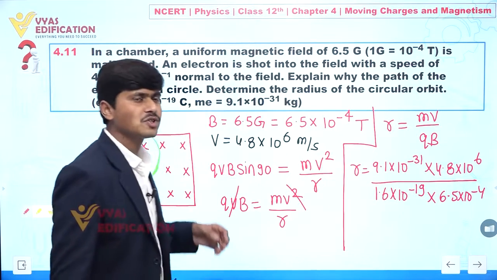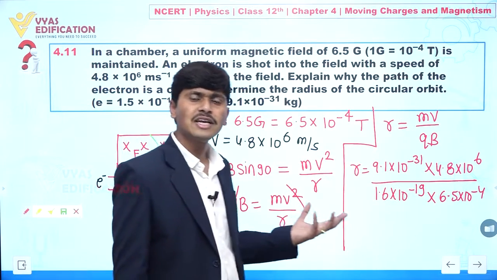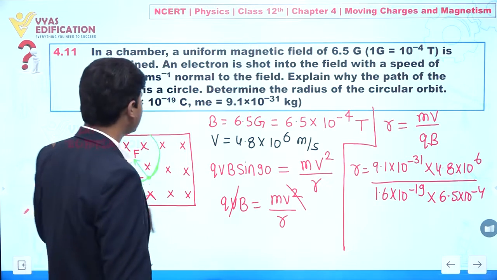Now we have to solve this expression and we can easily calculate the radius of this circular path.